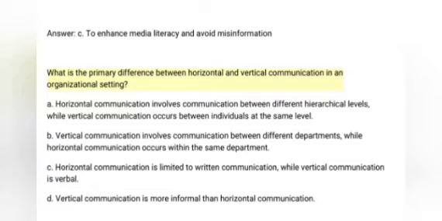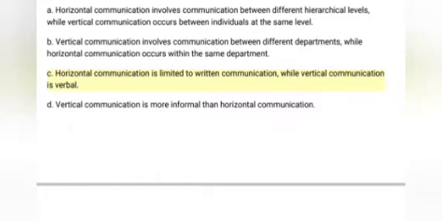What is the primary difference between horizontal and vertical communication in an organizational setting? A. Horizontal communication involves communication between different hierarchical levels, while vertical communication occurs between individuals at the same level. B. Vertical communication involves communication between different departments, while horizontal communication occurs within the same department.